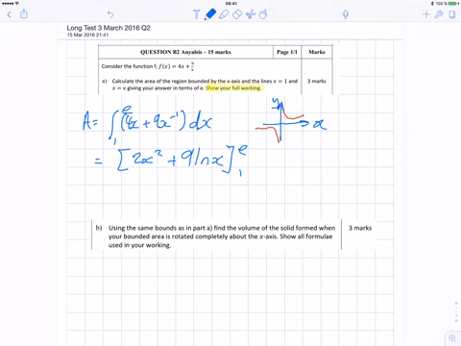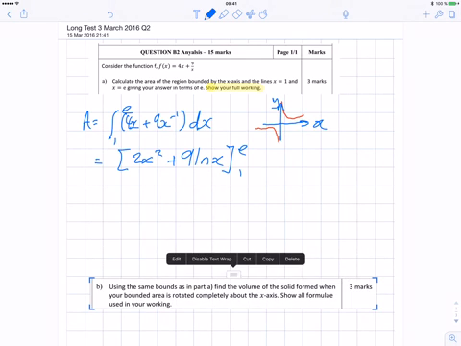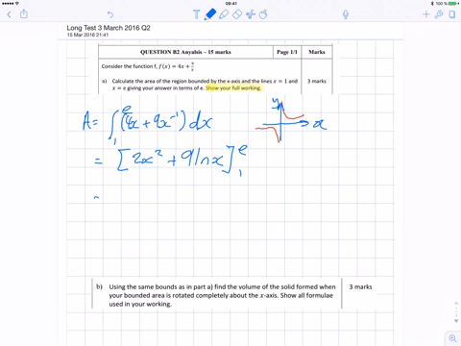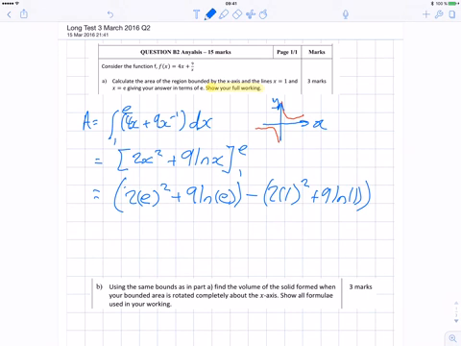e to 1. Just get a bit more space here, substitute our values in. 2e squared plus 9 ln e, so I should have not used square brackets, let me just use curly brackets, minus 2 lots of 1 squared plus 9 ln 1.